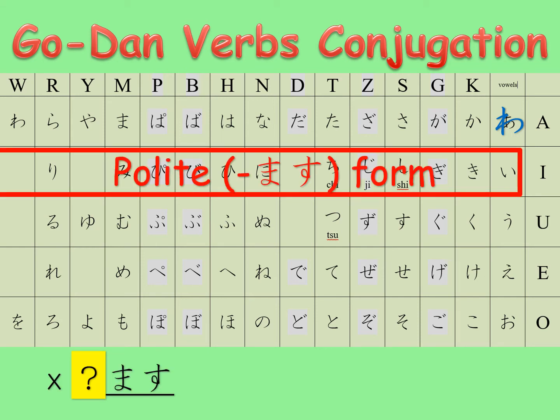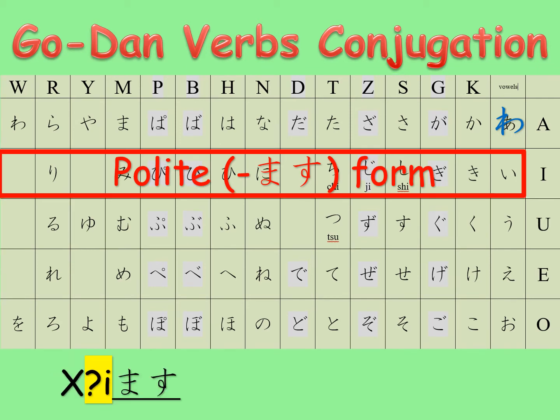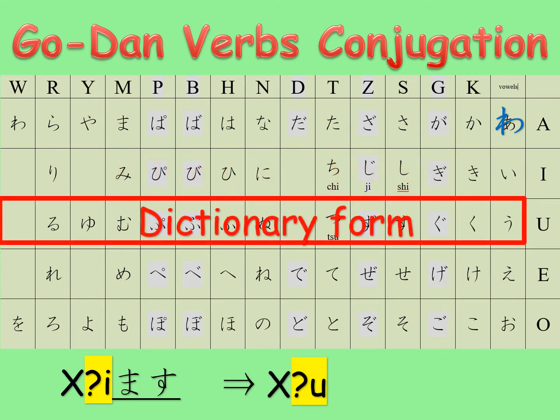With Godan verbs, the letter before ます is always one of the letters in the second tier of this table, which is an I sounding letter. To make that into its dictionary form, we need to move to the tier below and remove ます.